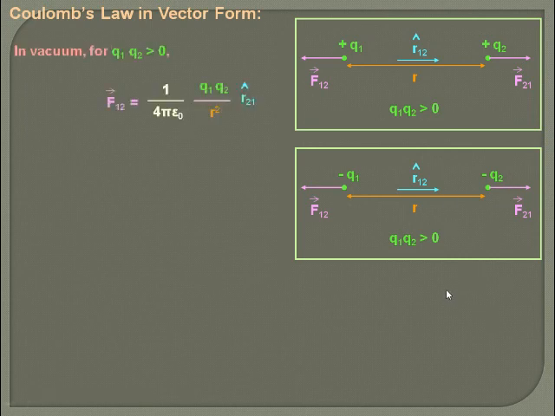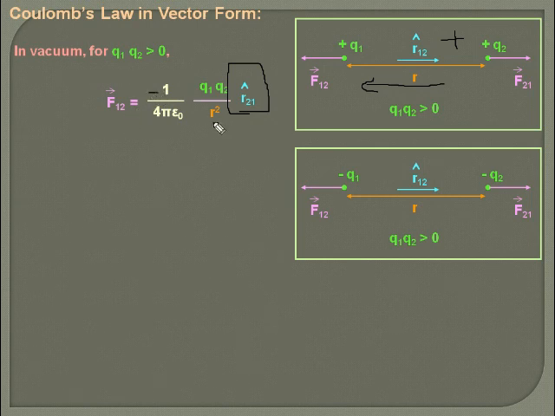So the force exerted on q1 by q2 can be written as 1 over 4 pi epsilon naught q1 q2 by r square times r21. Okay, this is r12. We are considering this direction as positive, so we have to consider this direction as negative. So r21 will be negative.